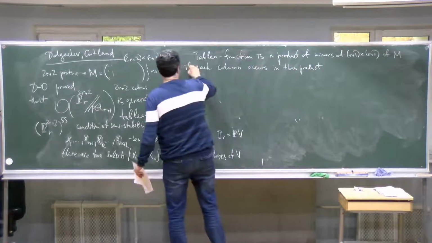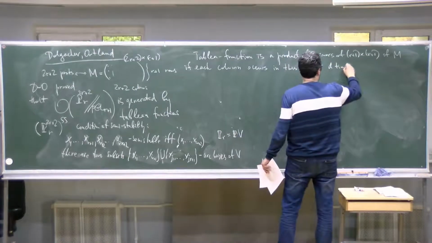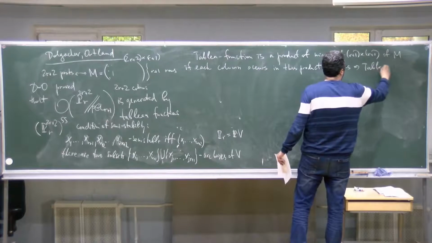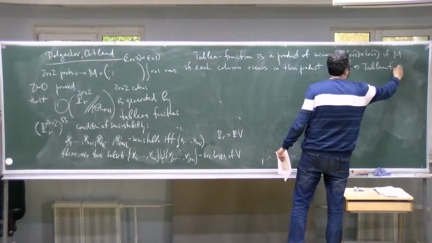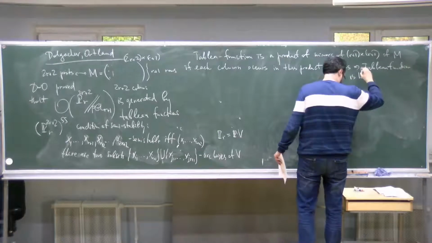If each column occurs in this product d times, then the tableau function is homogeneous of degree d.